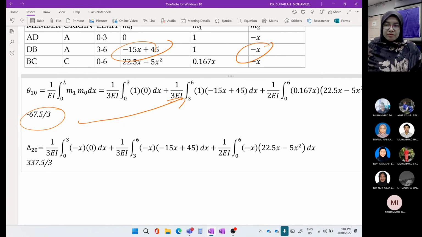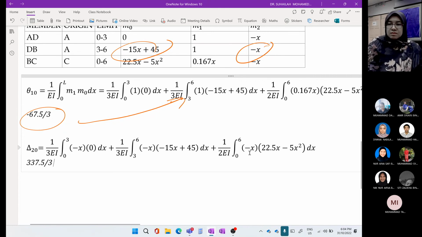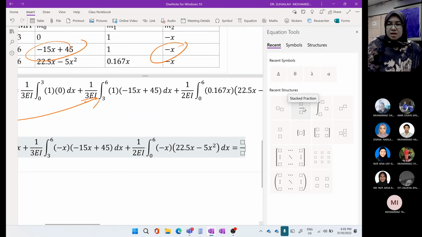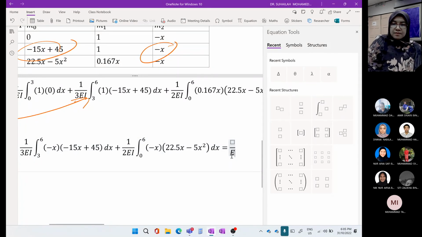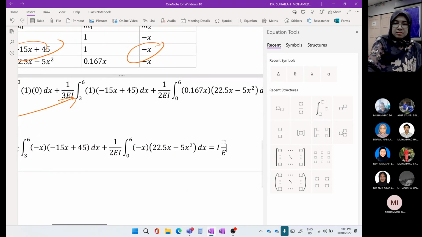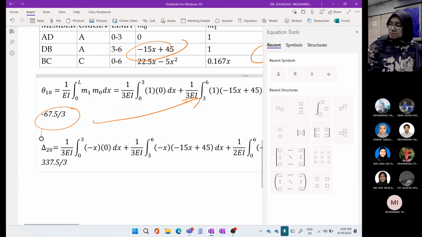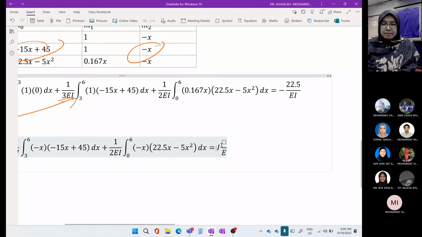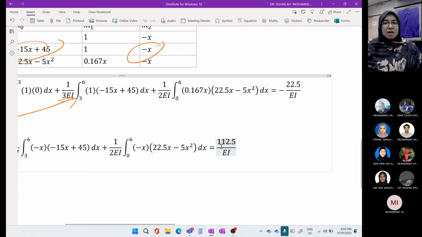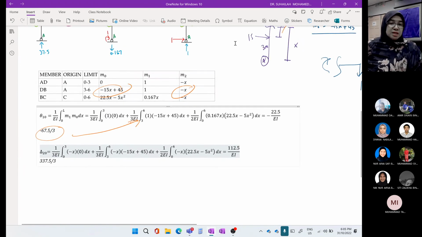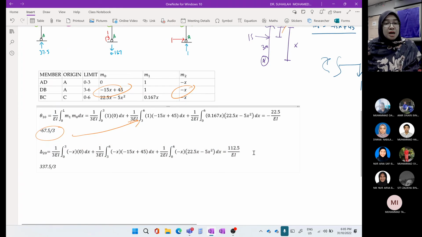Yeah, 112.5 over EI. Okay, 112.5. Baru dapat 2 displacement. Ada lagi. Tapi ada 2 tu sama kan?